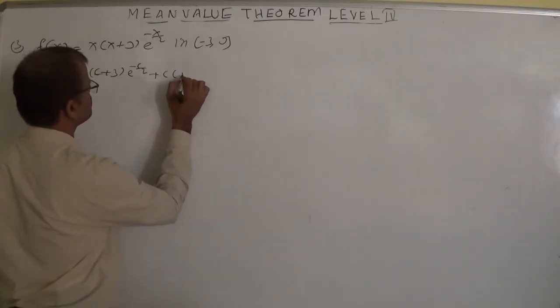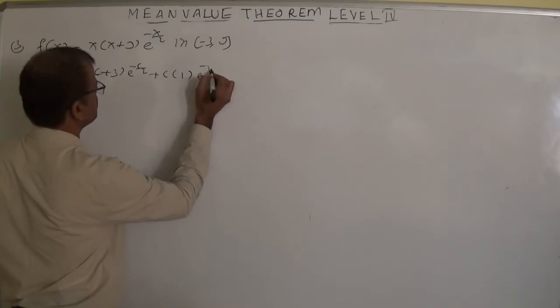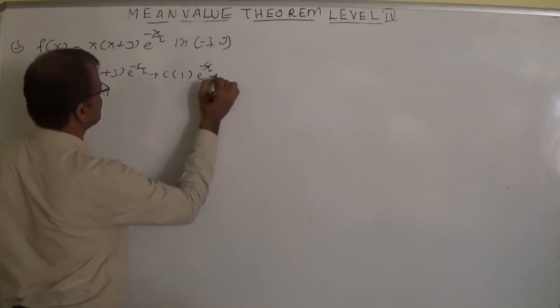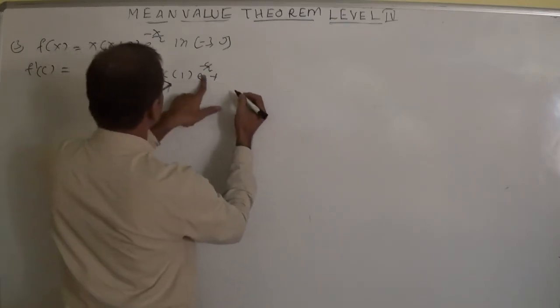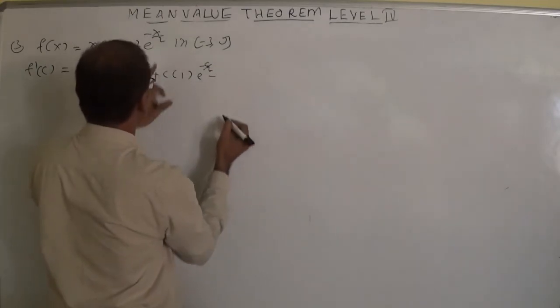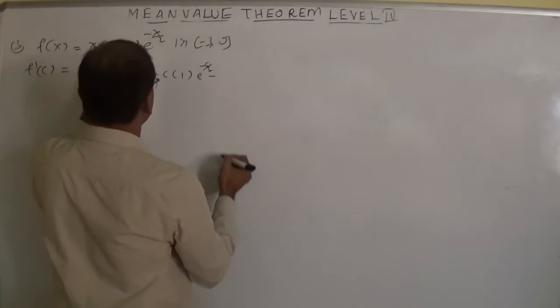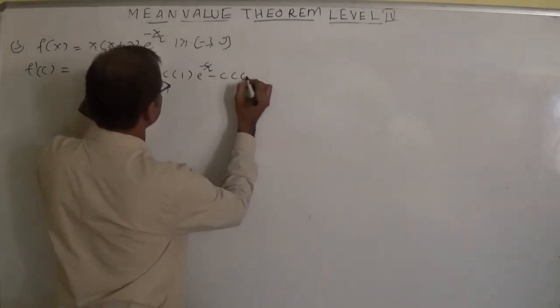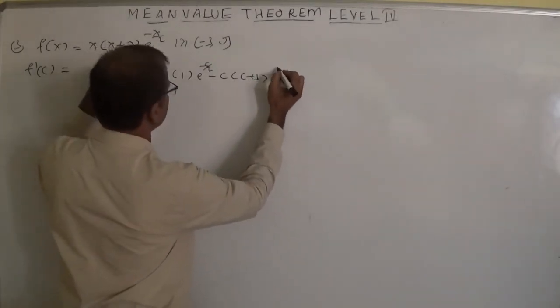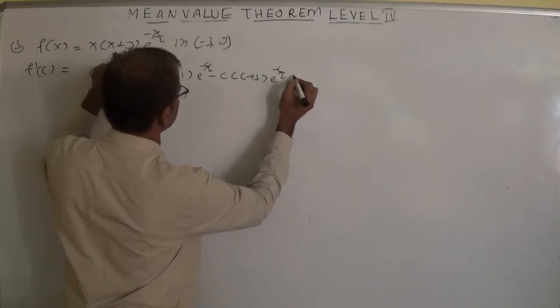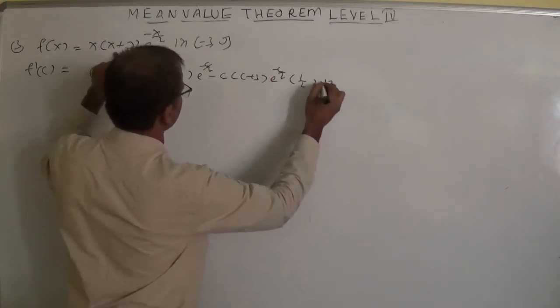Next c into derivative 1 into e power minus c by 2 plus x into x plus 3 into e power minus x by 2, whose derivative is e power minus c by 2 into internal derivative minus 1 by 2, equal to 0.